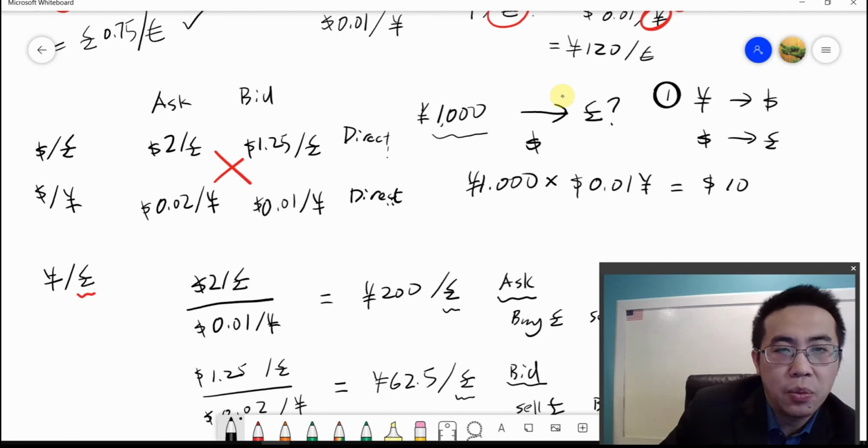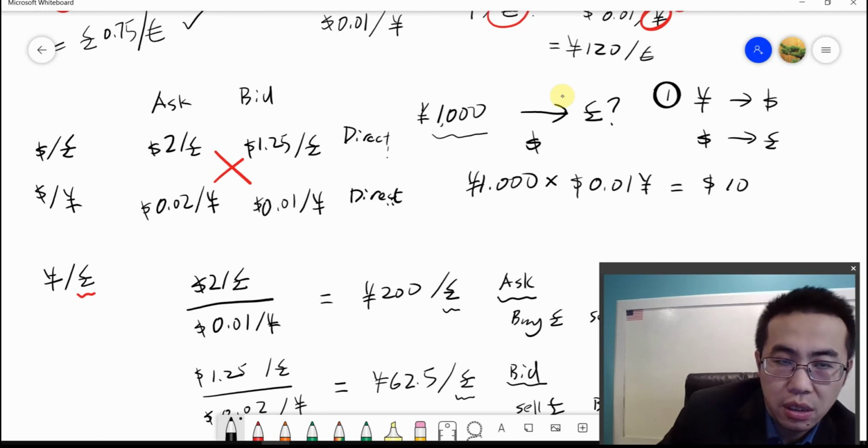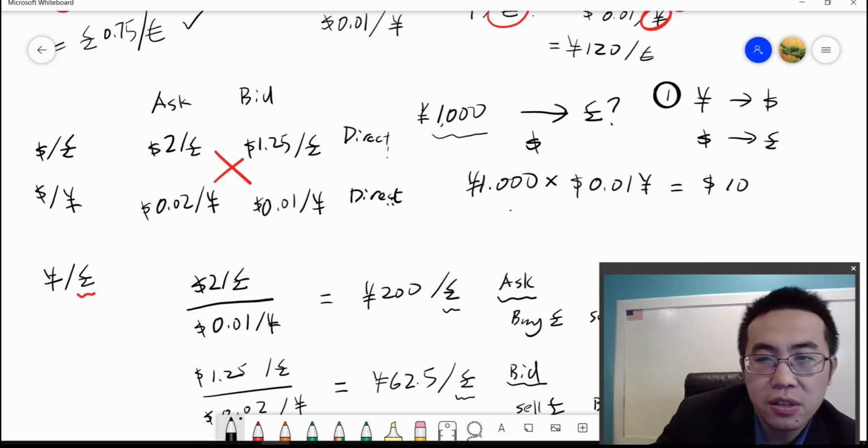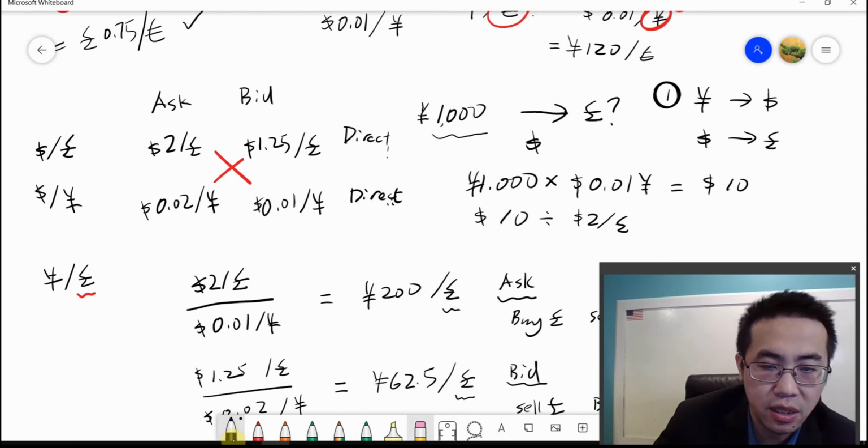All right. With 10 US dollars, you are going to buy British pound. If you are buying British pound with a direct quote, buying a foreign currency, that's going to require you to divide the amount of dollar by the ask price, divide the ask. Okay, so $10 divided by the $2 per pound. So let me use a slash line instead of the dividing sign.